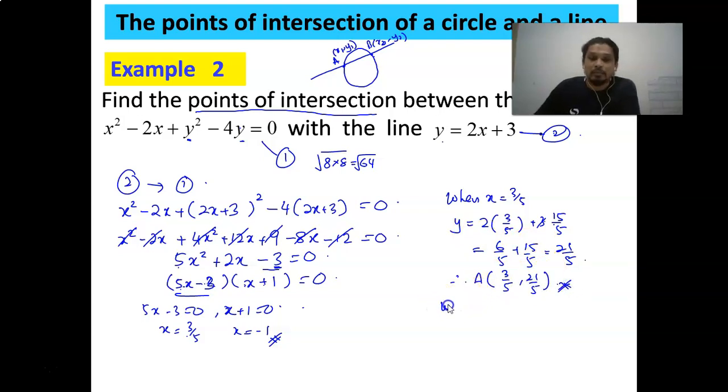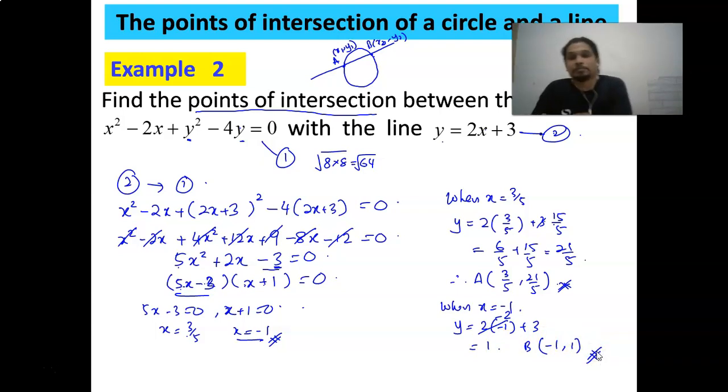And when x equals -1, substitute here, then y equals 2 times -1 plus 3. So -2 plus 3 equals 1. So B, the next coordinate, is -1 and 1. There you go. Okay, next.